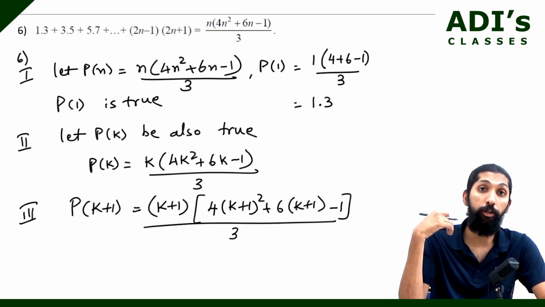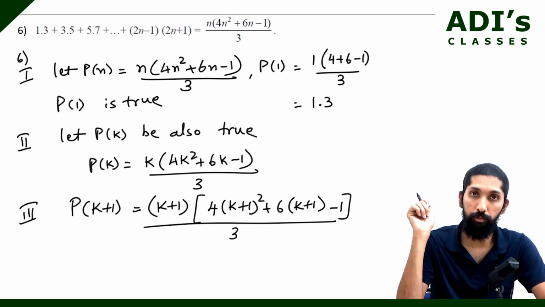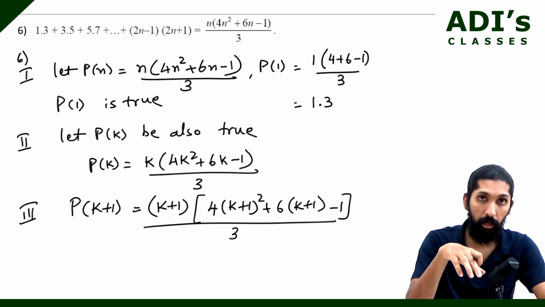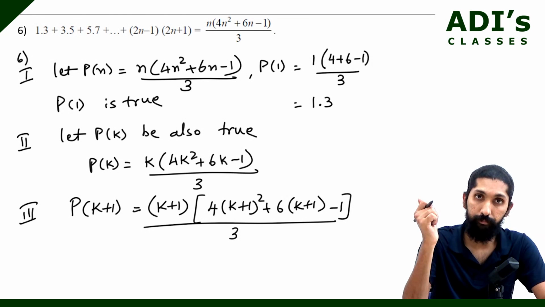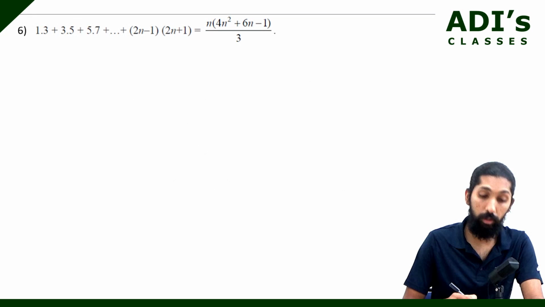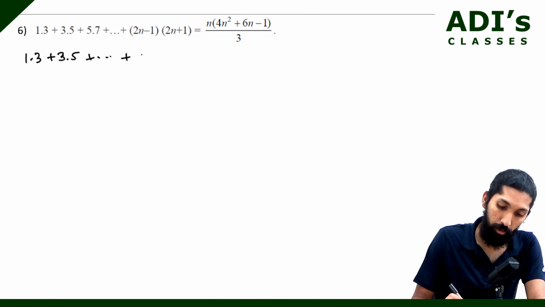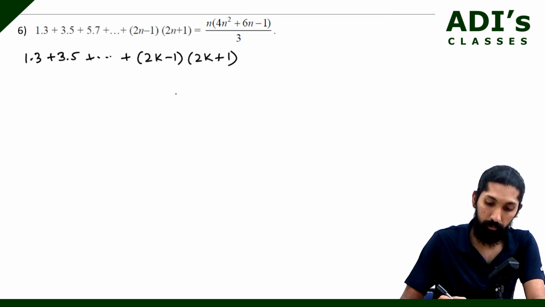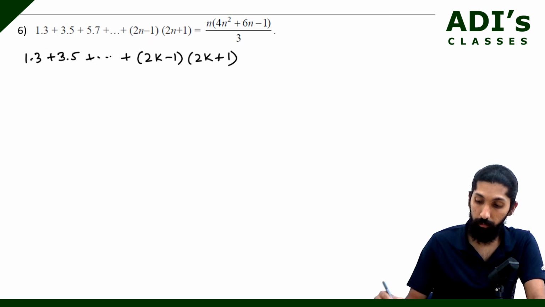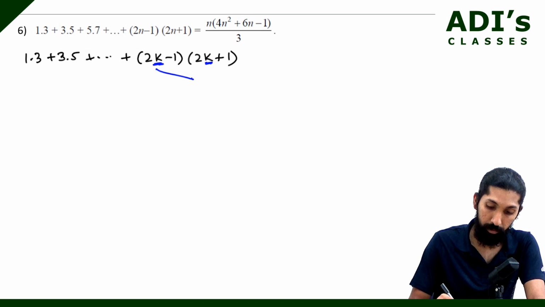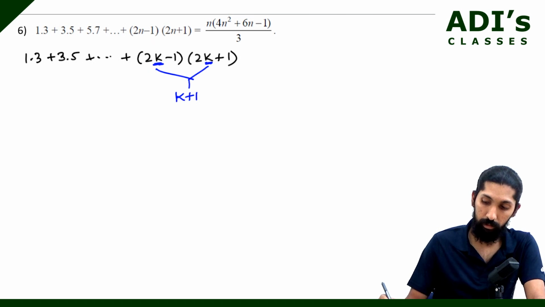Now we need to prove that P of k plus 1 is true. Correct? So when you're doing that, remember you have to do P of k plus the next term. Alright, so let's start with this. We have 1 into 3 plus 3 into 5 till 2k minus 1 into 2k plus 1. Correct? Now what are we doing? In place of k, we are substituting k plus 1, isn't it?